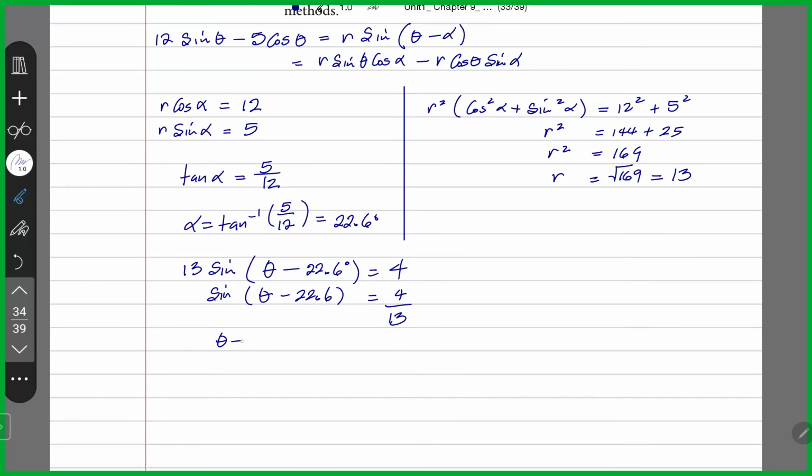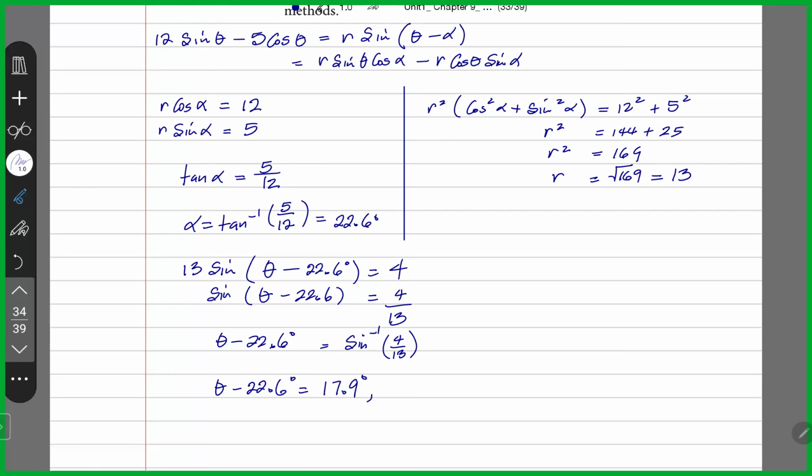Theta minus 22.6 is equal to sine inverse 4 over 13. And we got 17.9 degrees. That's the answer in the first quadrant.